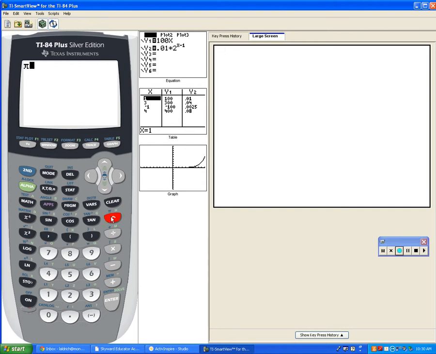Pi over 8 times the cosine of, what was the first one? Pi over 16.